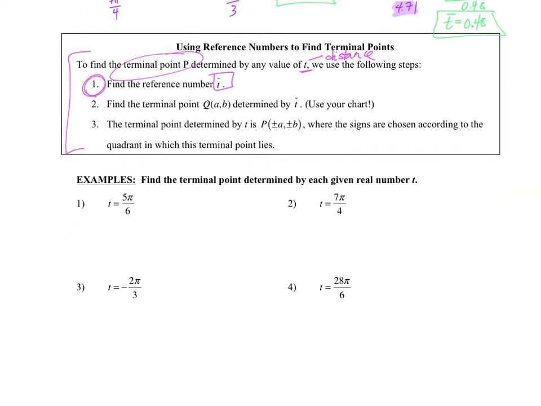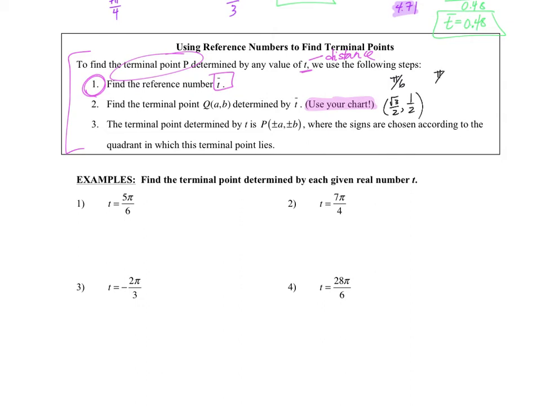Now, the t-bar is going to be matching up with that chart we used yesterday. So remember that if we had a pi over 6, the ordered pair that goes with pi over 6 is root 3 over 2, 1/2.